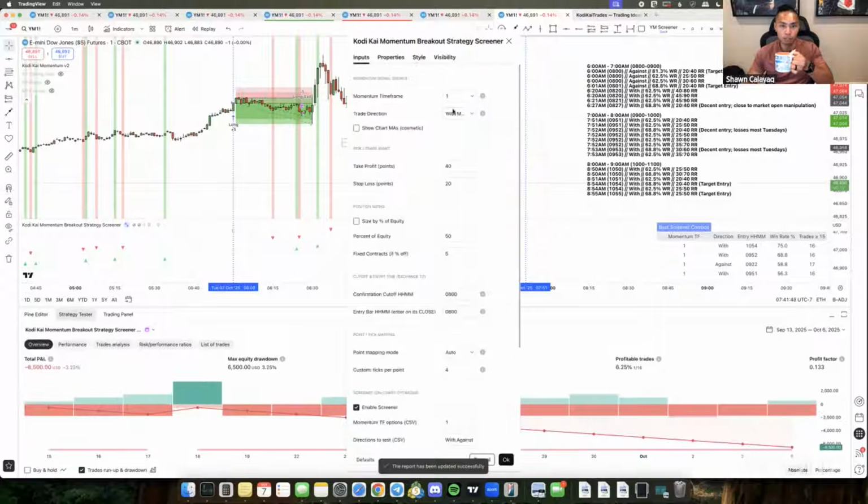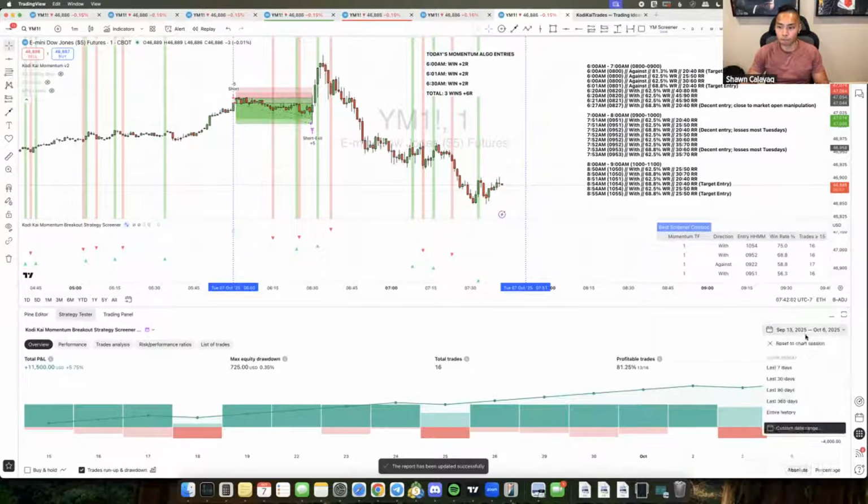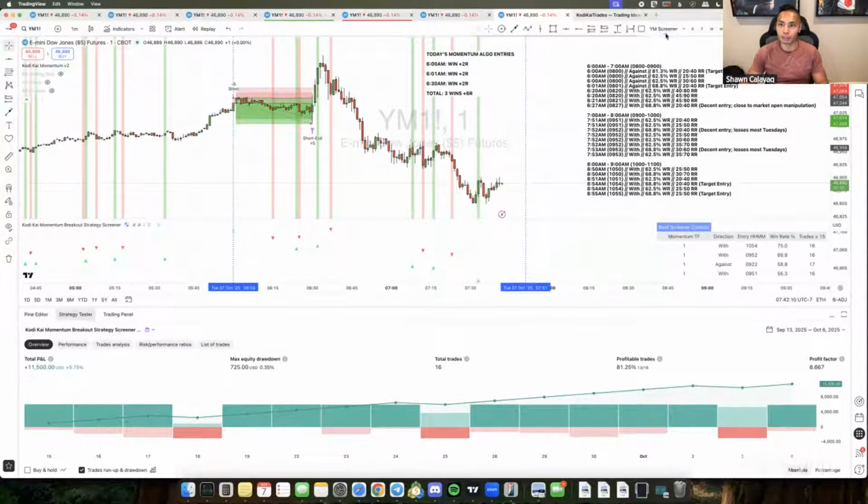Also, this has to be changed to against. And then I also got to change the date here too to include today, which is the 7th. Well, the day's not done yet, so unfortunately I can't change it yet. Let me refresh this. Maybe I can change it to the 7th.